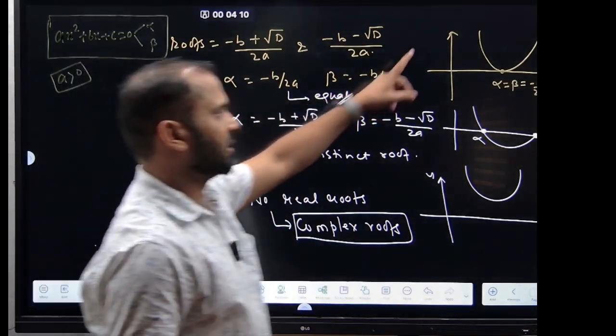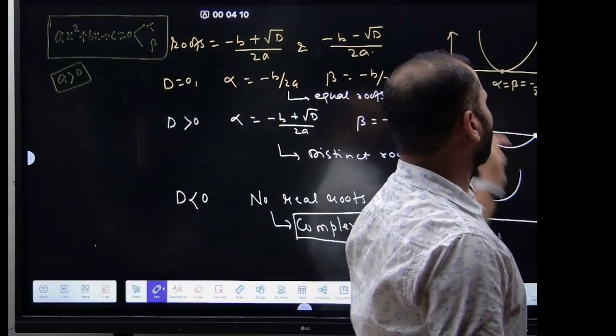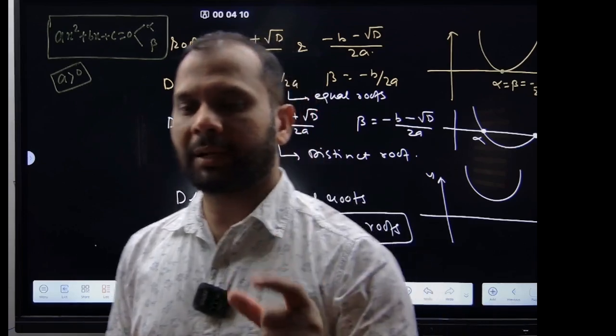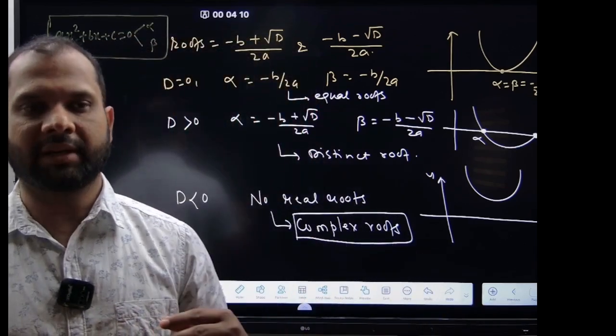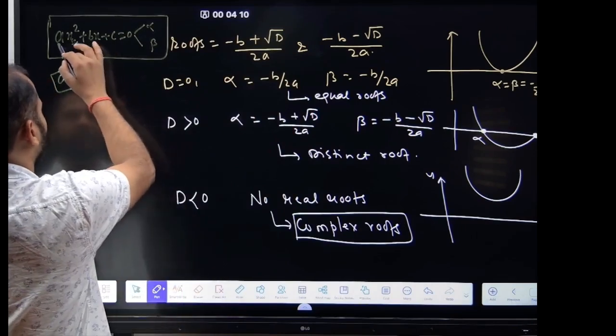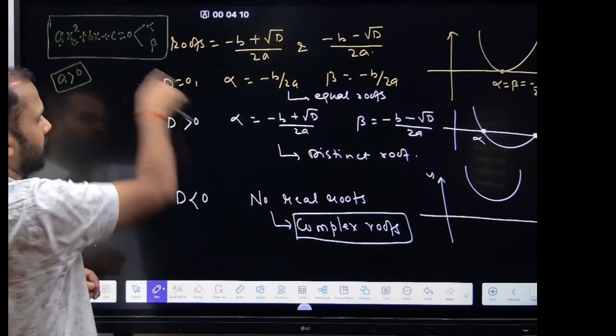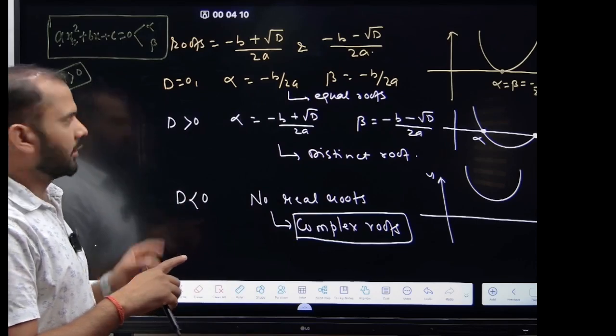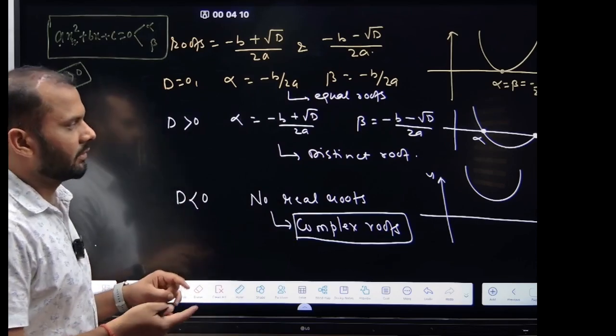If the leading coefficient is positive, it will open towards the positive direction of the y-axis, because with that particular a, everything gets decided. That's why the name is leading coefficient. X square is there, so this is the leading coefficient, and based on this, the sign of the curve gets decided. What if a is less than 0?